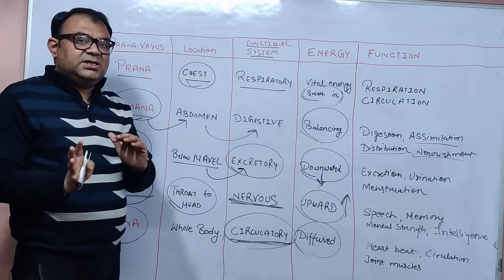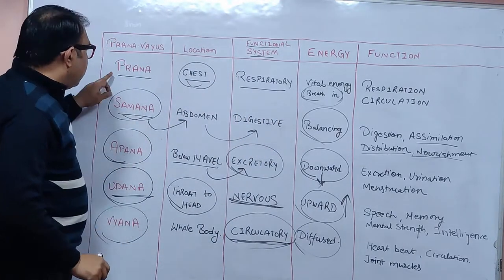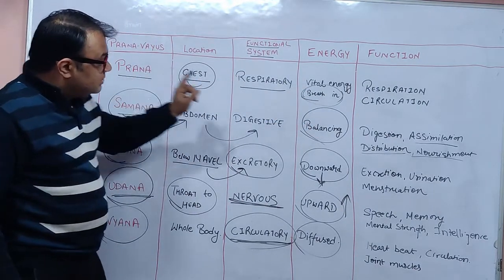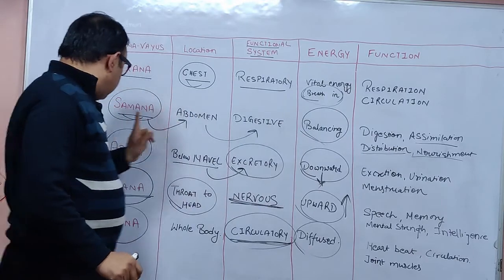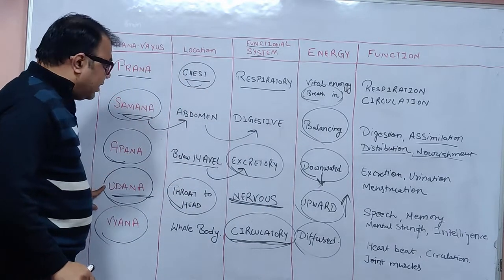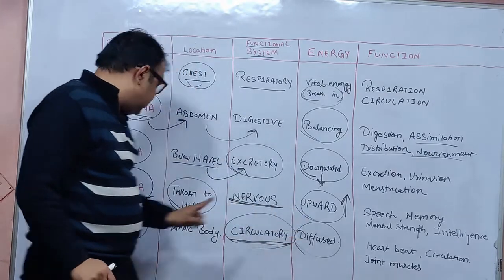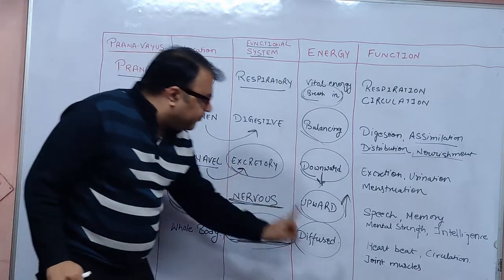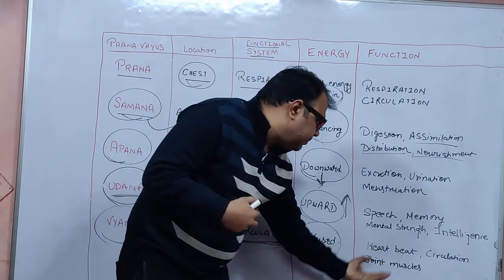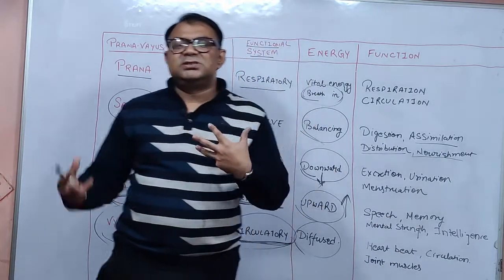My dear friends, you need to understand this very clearly. Prana is the vital energy, Samana is the balancing energy, Apana is the downward energy, Udana is the upward energy, and Vyana is the diffused energy, responsible for our heartbeat, circulation and joint muscles.